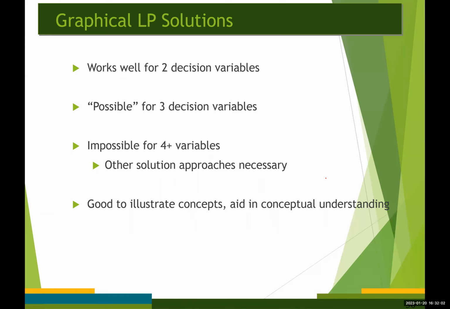Okay. So far we've discussed the graphical approach for solving the linear programming model, right? And the graphical method, as you can see here, works very well for any LPs having only two decision variables. Okay, it can be used for the three decision variable case. However, it will be very complicated because you need to deal with three-dimensional graphs, right?